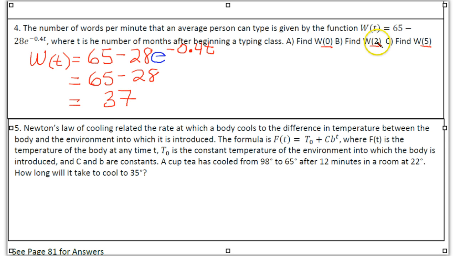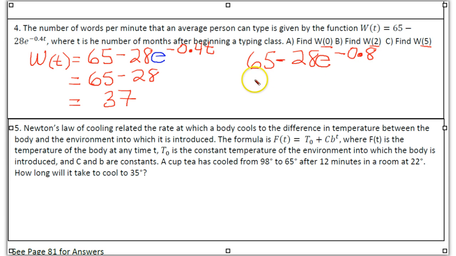Now, how about if this t now is a 2? Well, what I'm going to do here is put a 2 there, and 0.4 times 2 is 0.8, which is what I'm going to use now.